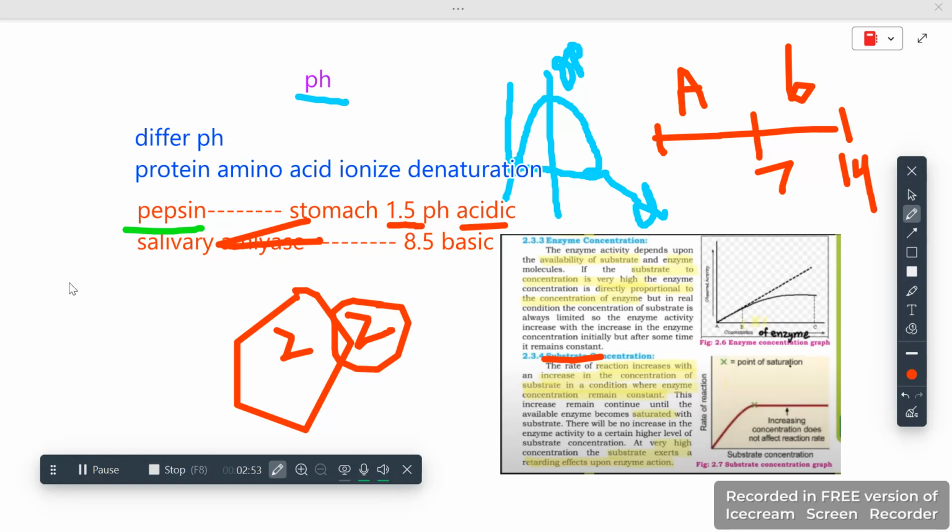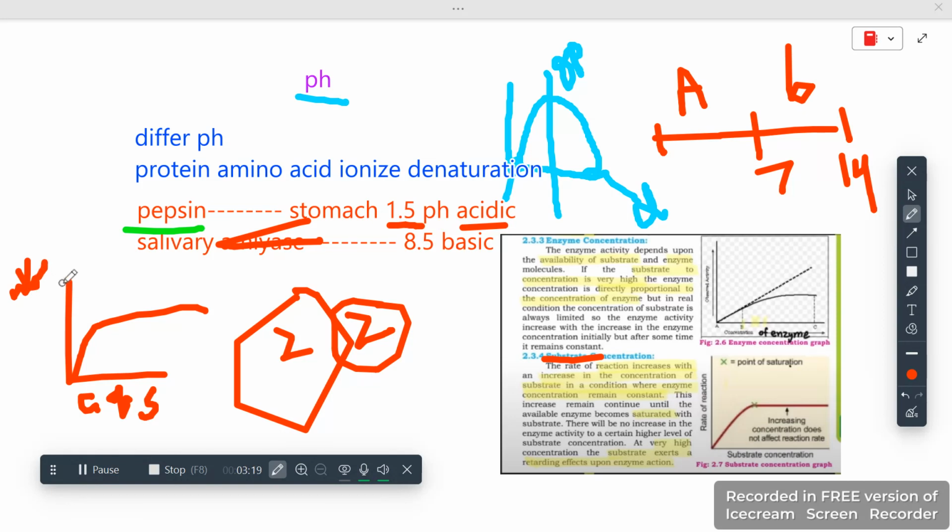If I make a graph, the activity we can see is like this. The downward part tells the concentration of substrate, and the upper part shows the maximum activity.